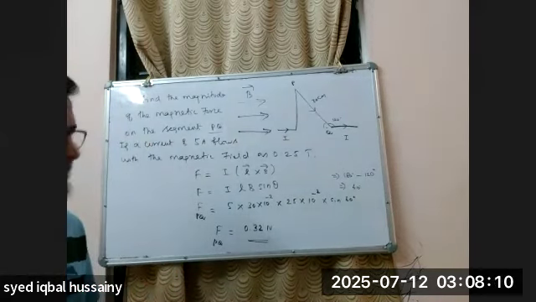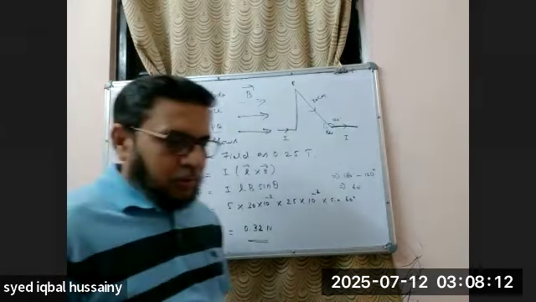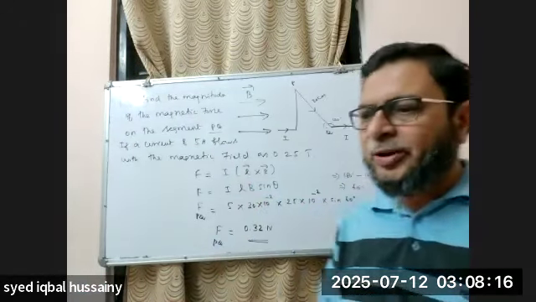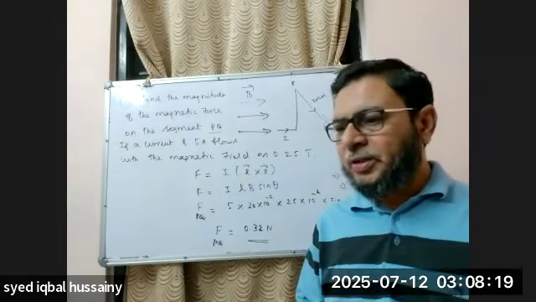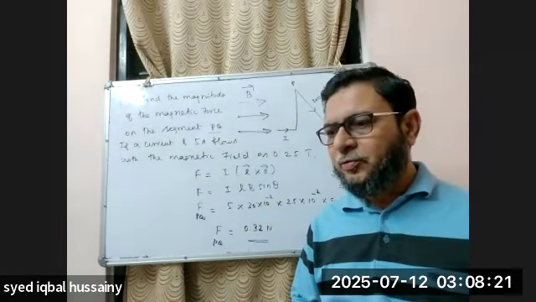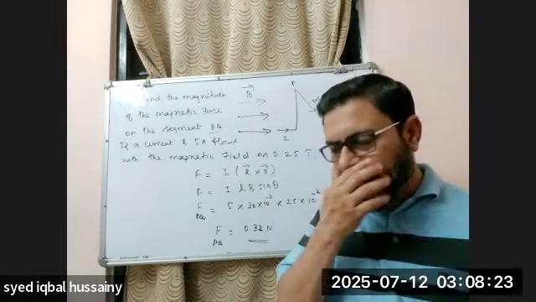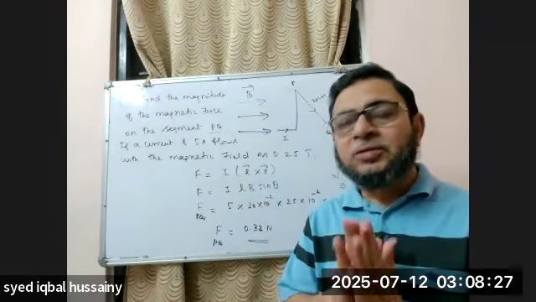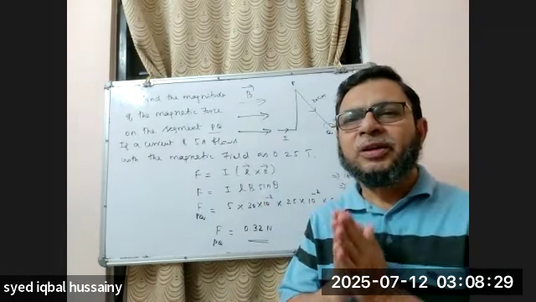Okay, children, we are studying this fourth chapter and we are going to finish. Two more topics are there: force on a parallel current carrying conductor is the next topic, and then the last very important 5-mark question, the moving coil galvanometer.